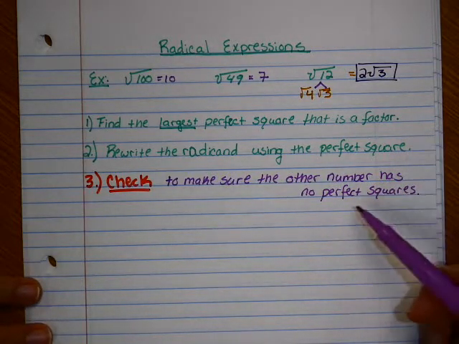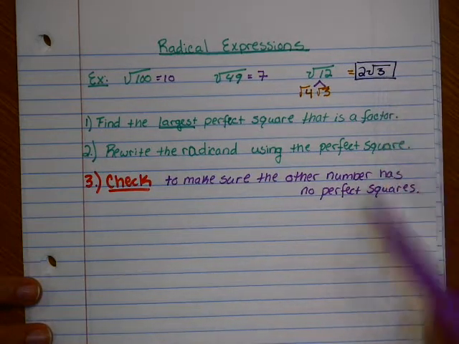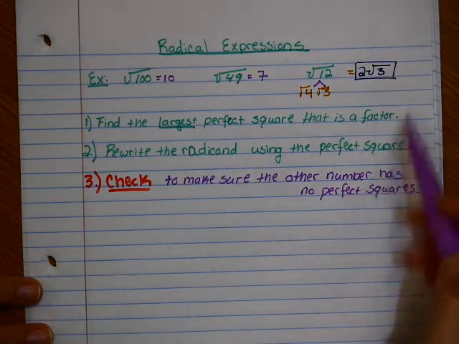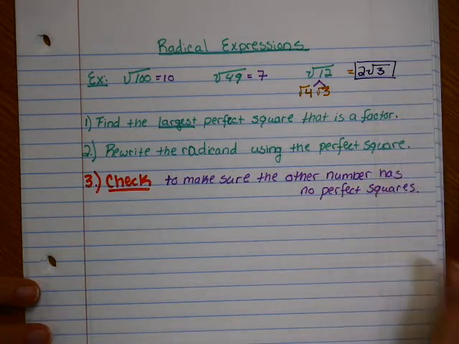What I mean by that is that that number itself is not a perfect square, and that number does not have perfect squares as a factor.